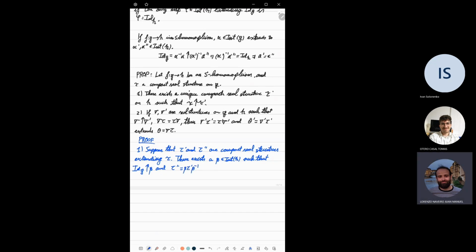Okay, but if beta extends the identity, then it must be the identity. So beta is the identity in H, and thus tau second must be equal to tau prime.